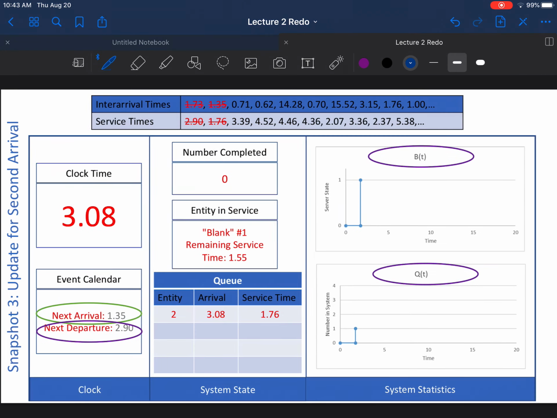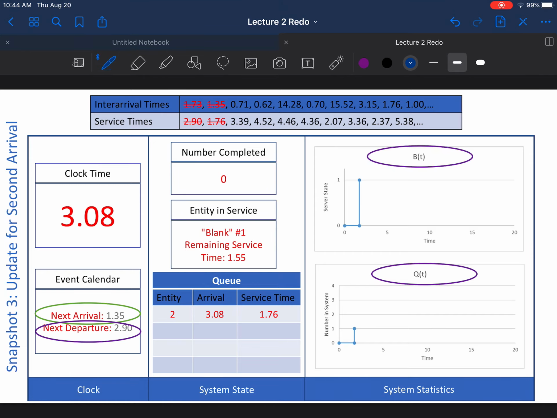Now the queue is complete, and we have to think about our B of t. Of course, we're still working on blank number 1, so we're still busy. So we just draw that line across to represent this time point at 3.08, that we're still busy at this discrete event. We think about the Q of t, that's the number in system.